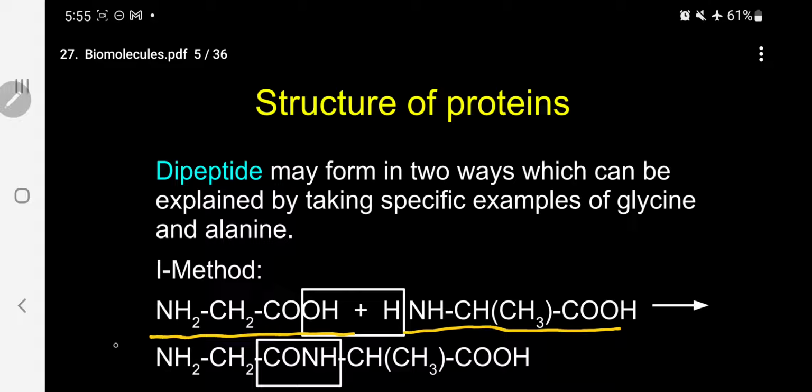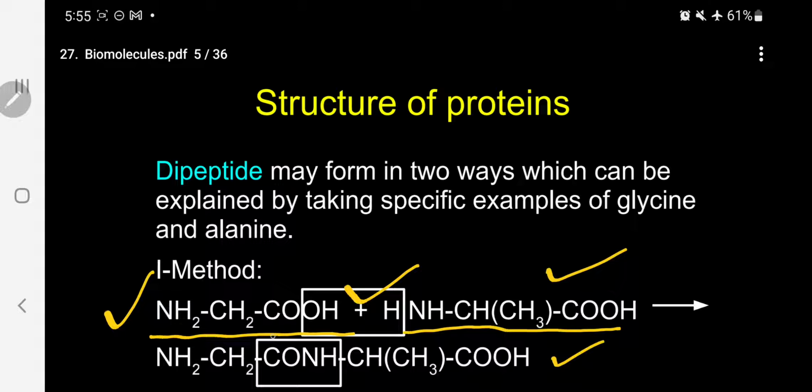This is N, the glycine acting as the N terminal, that means NH2 free on the left hand side. This is the C terminal on the right hand side. So I am removing a water molecule from this, and I am now getting a dipeptide. Please follow. A dipeptide may form in two ways, which can be explained by taking the specific examples of glycine and alanine.